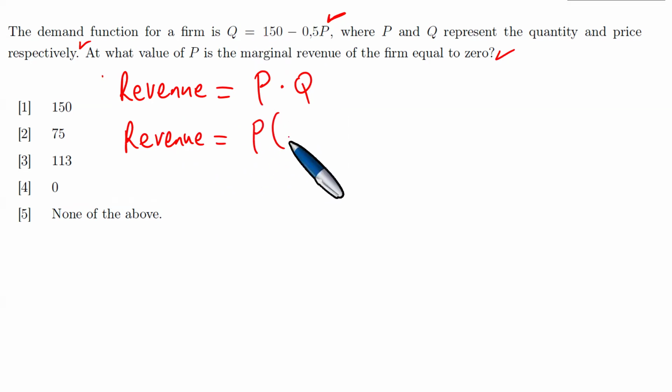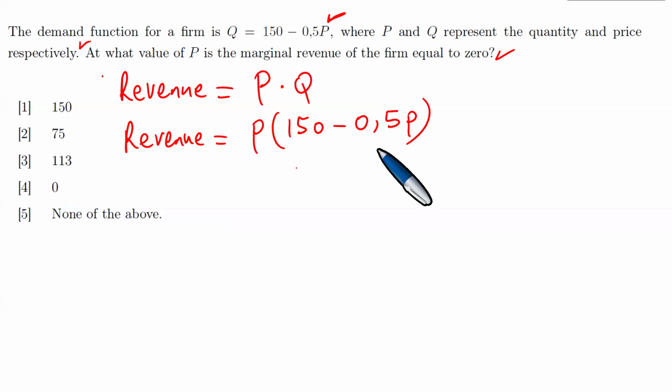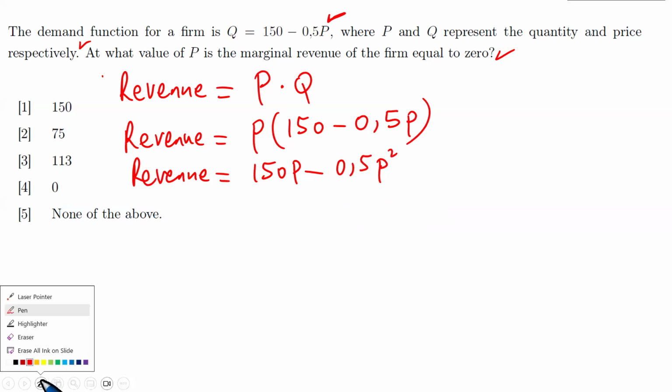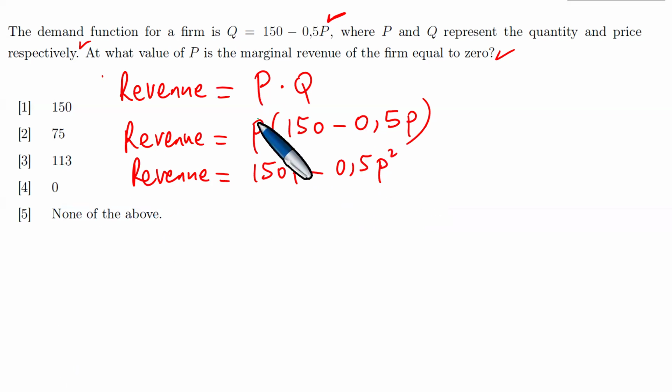What is the quantity? It is 150 minus 0.5P. So that revenue is equal to 150P minus 0.5P times P, which is P squared. So we multiply this with this and you multiply this with that.